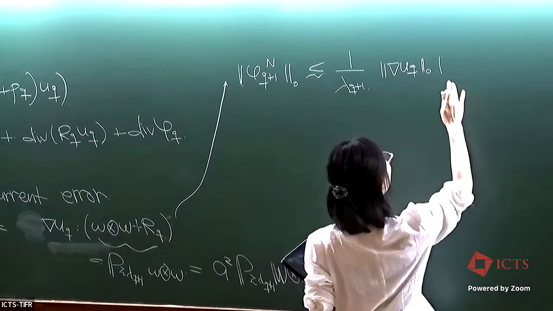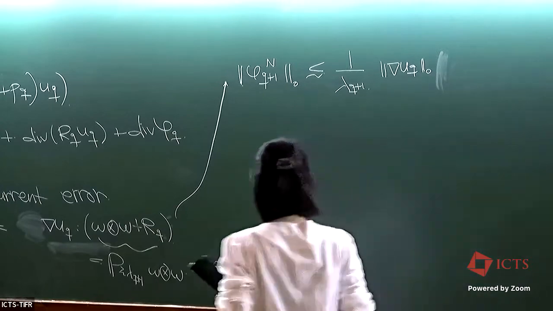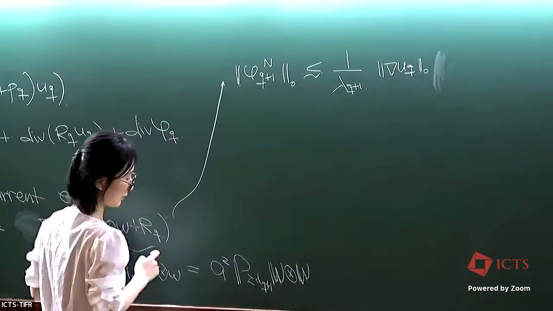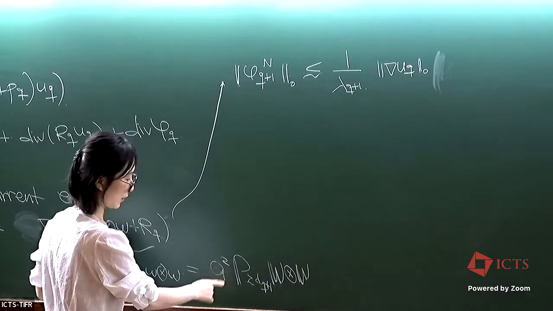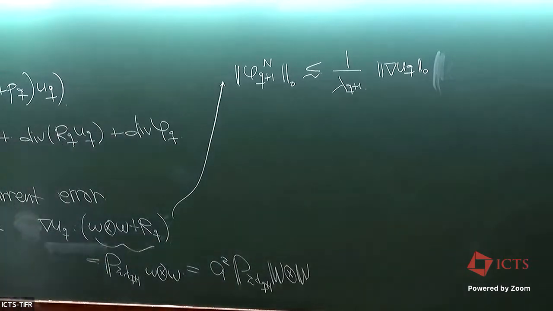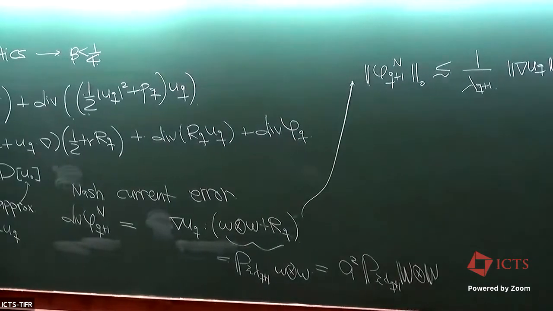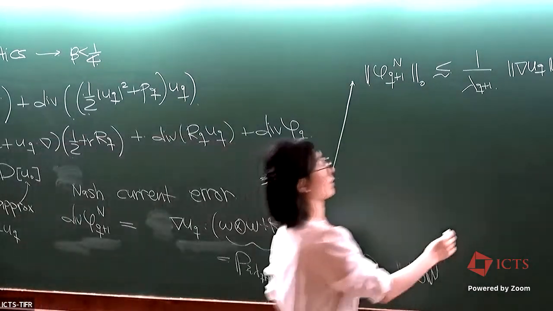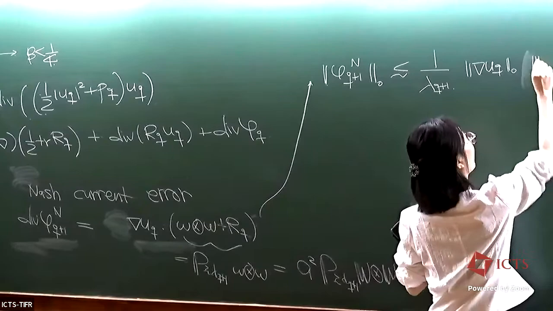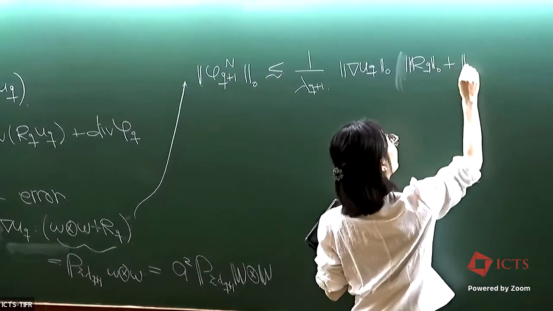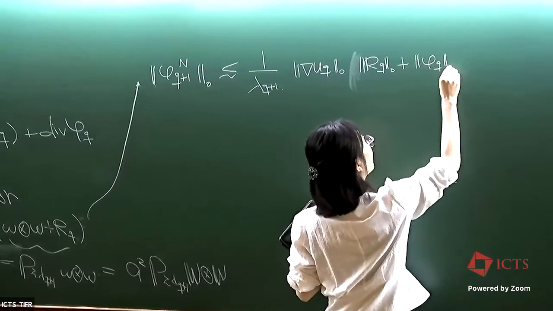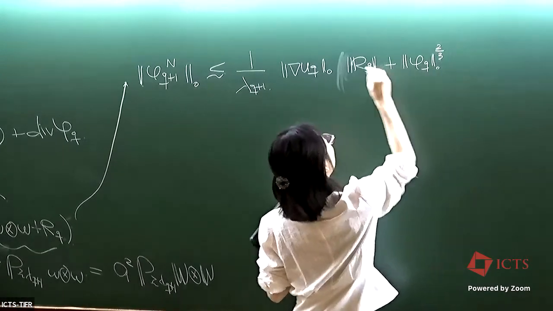Okay. There are two cases. So when this one is the current corrector and the other one is when it's the Reynolds corrector. But actually, if you use this relationship, they are both at the same size. And the size will be just RQ. So the size will be either RQ or IQ raised to the power 2 thirds.